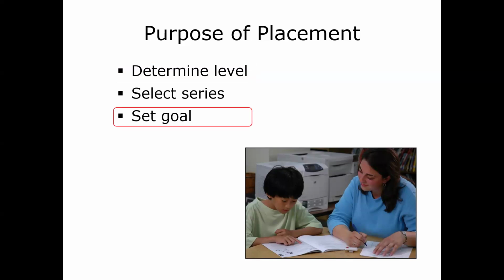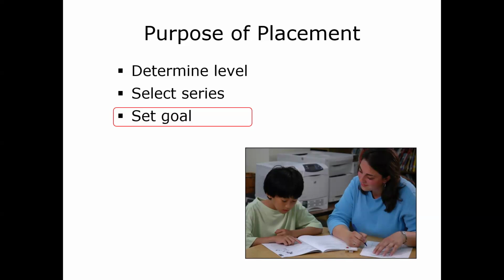Finally, you're going to set a story goal. And the story goal is based on how the student does on placement. It is not a long-term fluency goal. It's just a goal within the program. It means that it's the words correct per minute pace that you want the student to be able to read the story at after going through all the steps with that story.